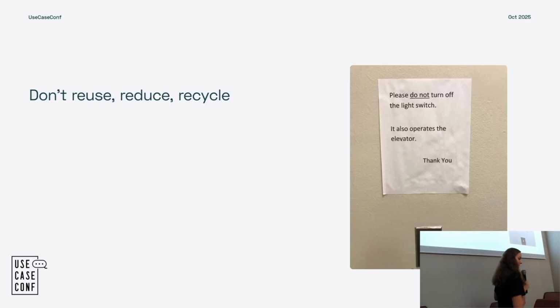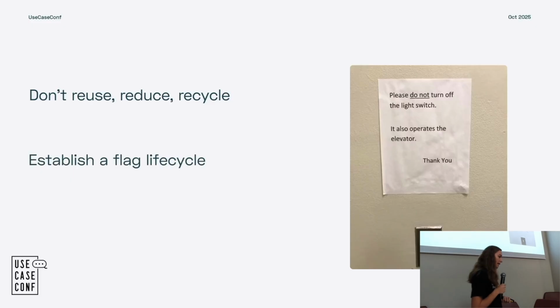Not ideal. So just having a very good process for cleaning up flags is going to get you half of the way. And establish a flag lifecycle, which means having a clear name, a description, an owner, and when it's expected to be retired, and having a way to treat flags as first-class citizens in your development workflow, so that you tie them to the Jira ticket or Linear or GitHub ticket that created them.